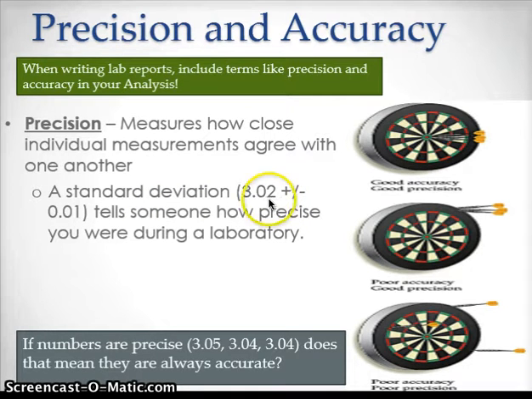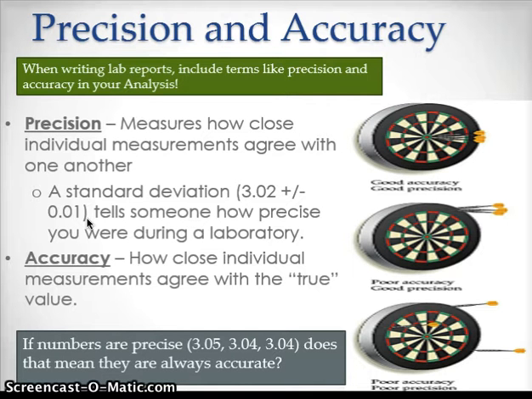For example, if the true value of something was 3.02, plus and minus 0.01 just tells you how far that number could have gone. So the number is most likely to be 3.02, but it could probably also be 3.01 or 3.03. That's a margin of error. That's what we call standard deviation.